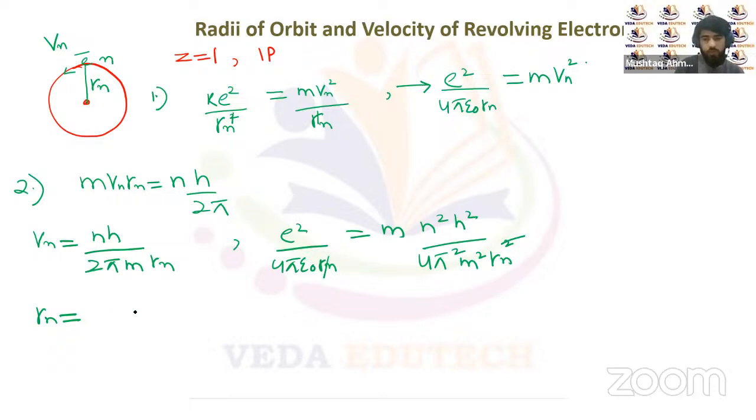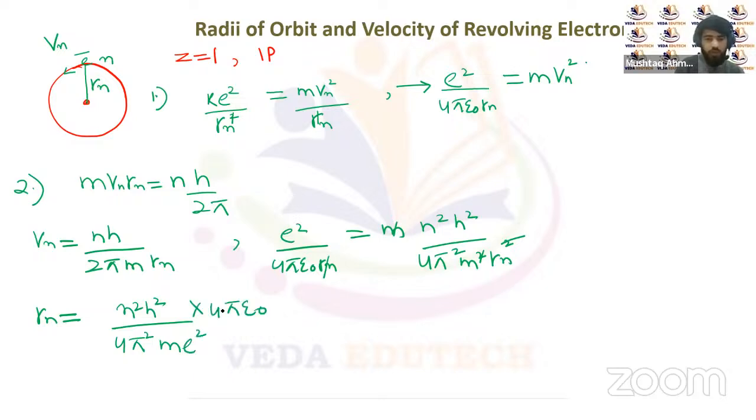That's rn is equal to n square h square, and m and m will get cancelled. We'll be left with n square h square upon 4 pi square m e square, multiplied by 4 pi epsilon naught.